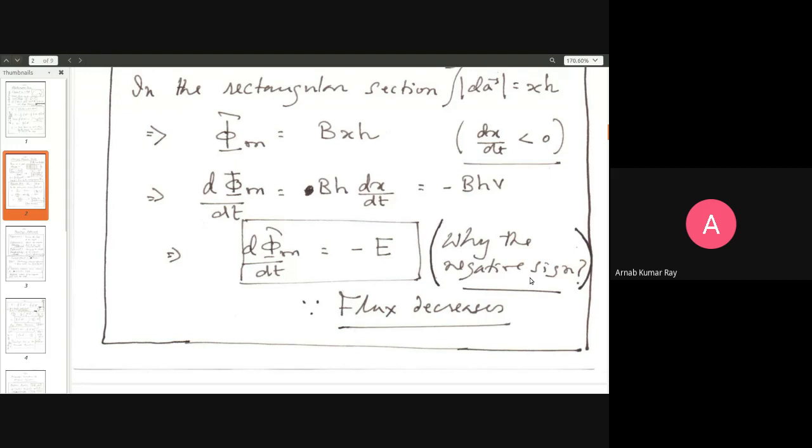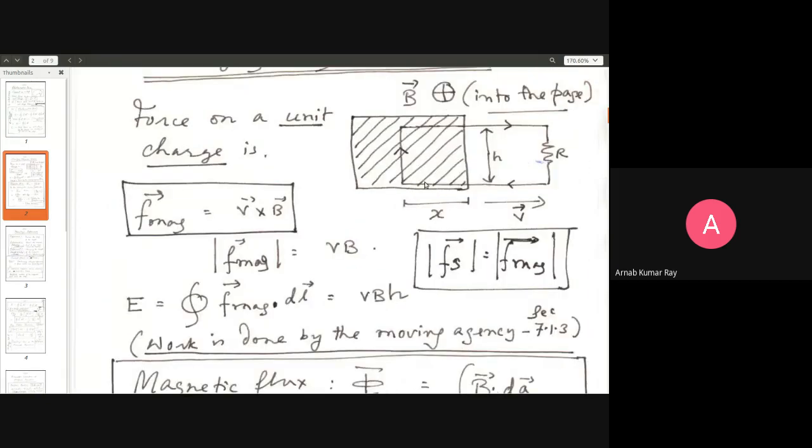So Lenz's law, what does it say? Simply put, it says that the induced current will flow in such a direction that the flux it produces tends to cancel the change. It opposes the change that has produced the current.